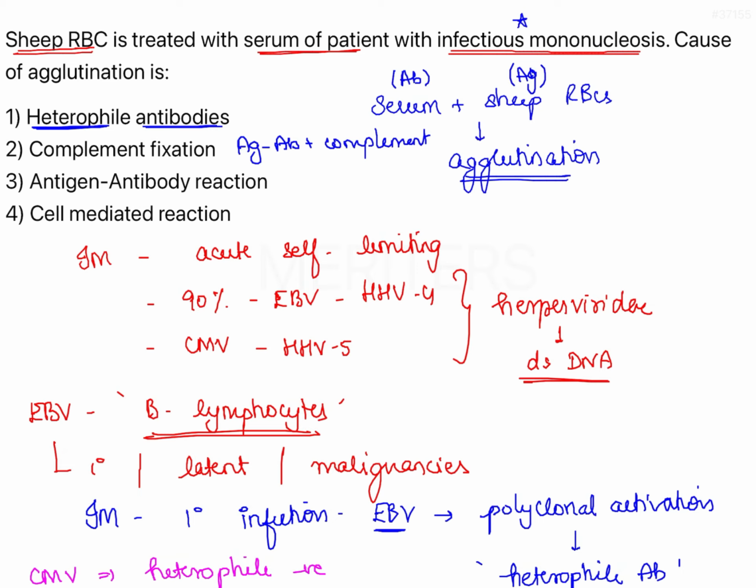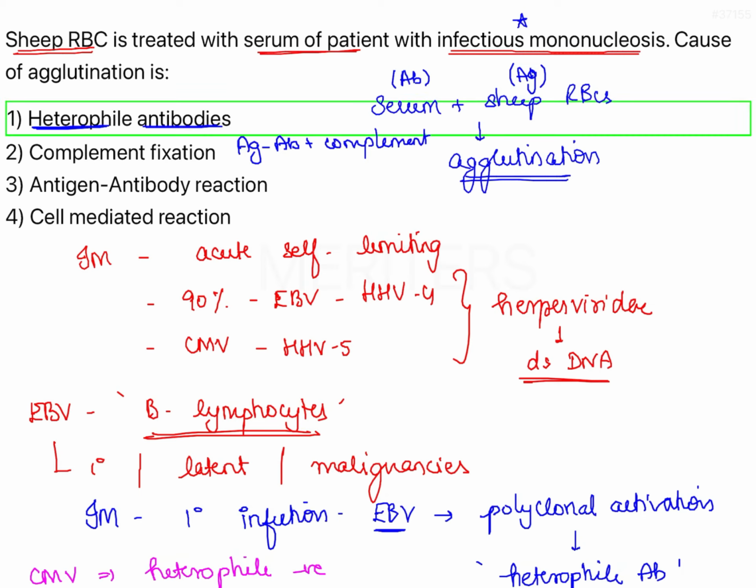Therefore, the heterophile specificity is very important in infectious mononucleosis. And option 4 states cell-mediated reaction, which involves the immune cells of cell-mediated immunity. Therefore, out of the given 4 options, the cause of agglutination seen in an infectious mononucleosis patient's serum with sheep RBC is option 1, heterophile antibodies.